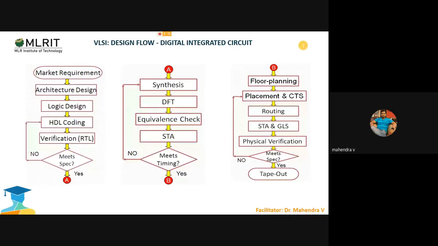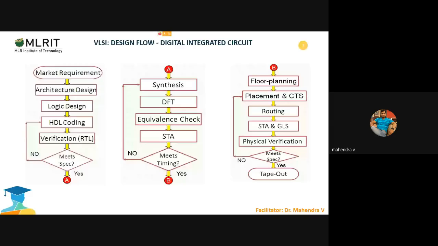Okay, sir. Actually, after routing, see here, there are three kinds of simulations. At the first level, we simulate to know the behavior of the HDL. At the second level, again, we do simulation to verify the behavior after converting into the gate level netlist.